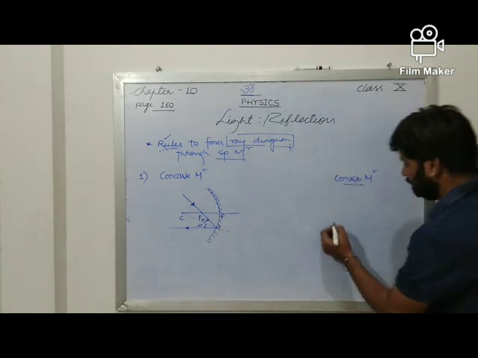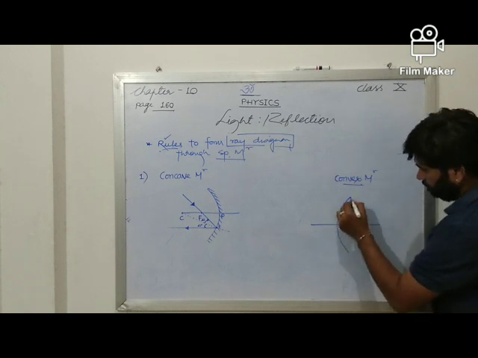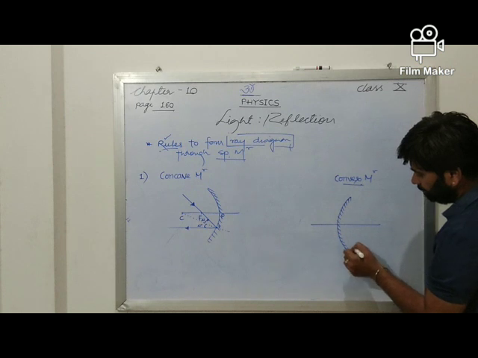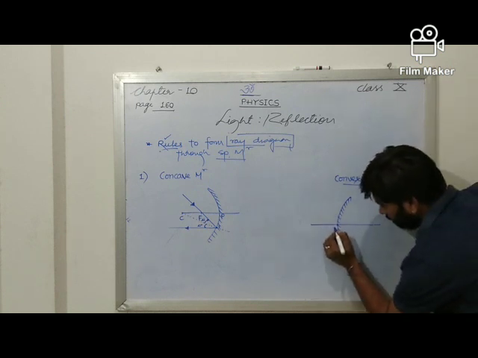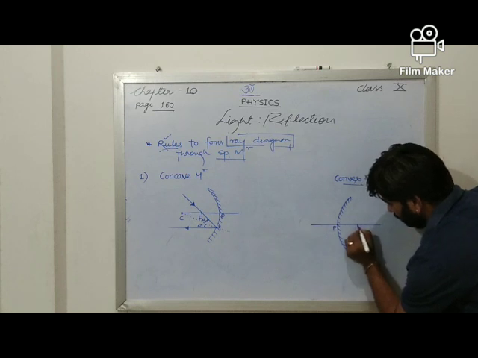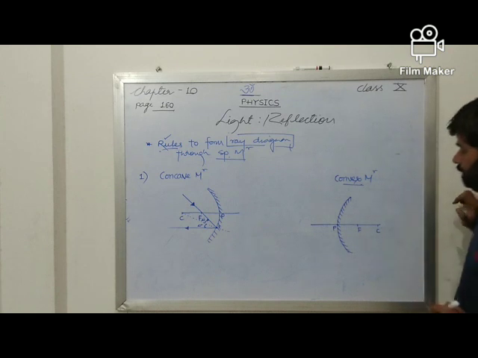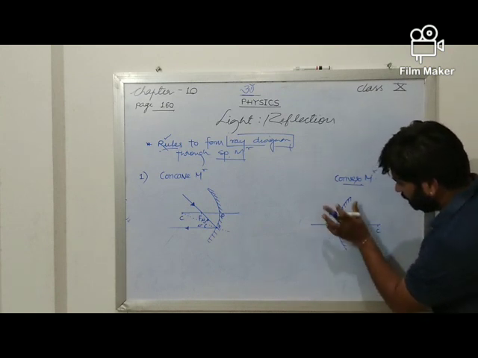Now in this one, this is the convex mirror, reflecting part. I am repeating every time that the reflecting part here is not the same as that. Here this is the pole, this is the focus, and this is the center. Now see, the statement will change a little bit.